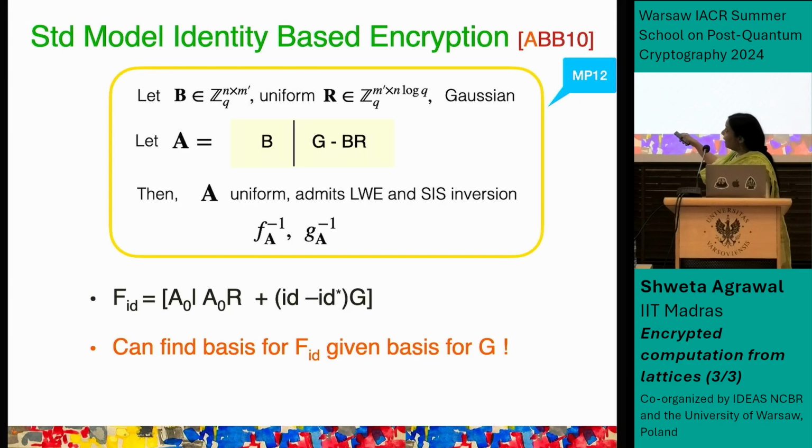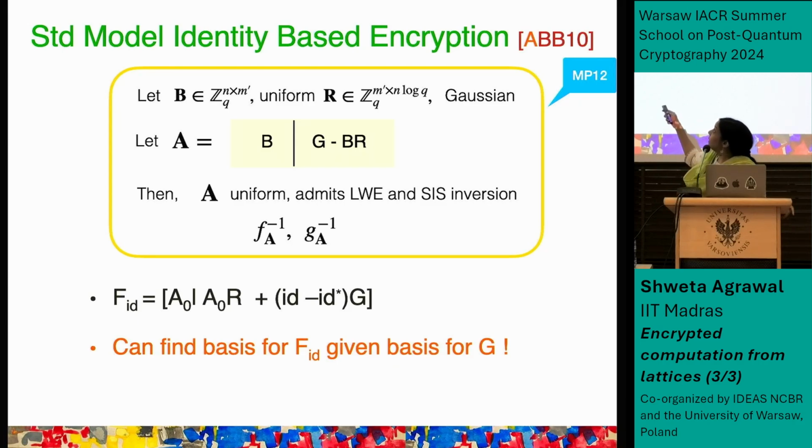When ID is not equal to ID star, my FID has the same form as this matrix that we saw yesterday, which we said that we can find a trapdoor for. So we already saw yesterday in great detail how to go from a trapdoor for G to a trapdoor for a matrix that has this form. And now what I'm showing you is that this FID, when ID is not equal to ID star, has the same form as this. Do you see that?